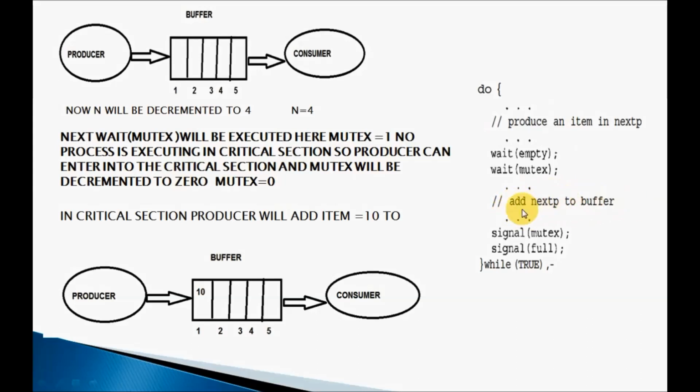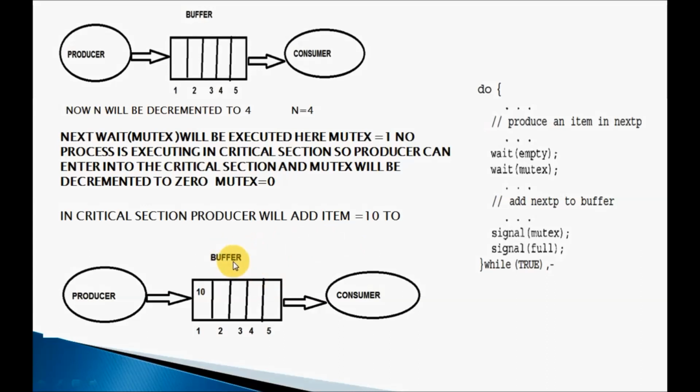The producer produced the item, but it has not yet added the item into the buffer, right? So it has to enter into the critical section. Now it has entered its critical section because the mutex value is 1. In the critical section, the producer will add the item 10 to the buffer.